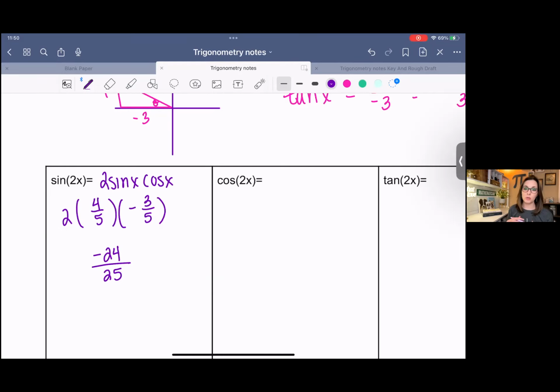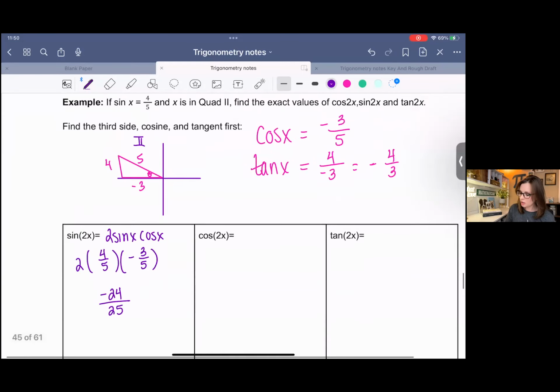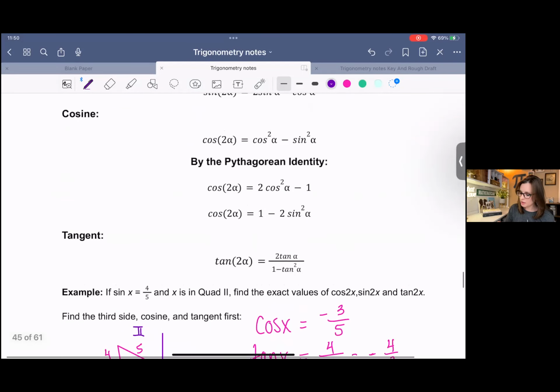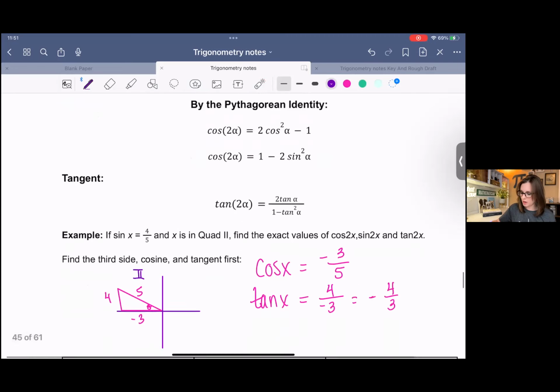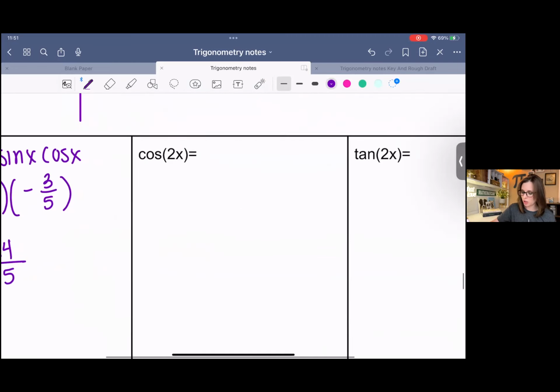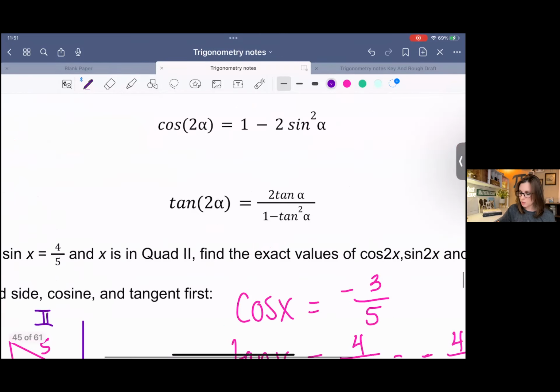Let's now do cosine 2x. Cosine 2x is either, we have lots here, cosine squared x minus sine squared x, or you can apply the Pythagorean identity and have some different ones. I'm just going to use the original one since I already have cosine and sine. It's fine. It'll work. Cosine squared x minus sine squared x. I want to make sure that I wrote that down correctly before I move on.